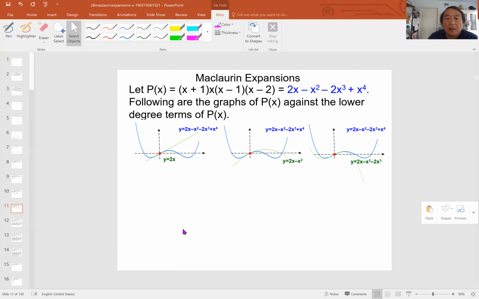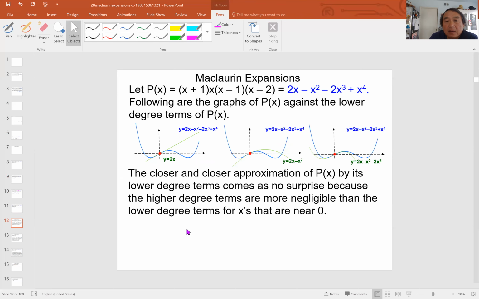On the other hand, notice I can recover the terms even if I don't know these expansions. In general, I just replace this P of x by f of x, and I can recover these terms by taking derivatives.